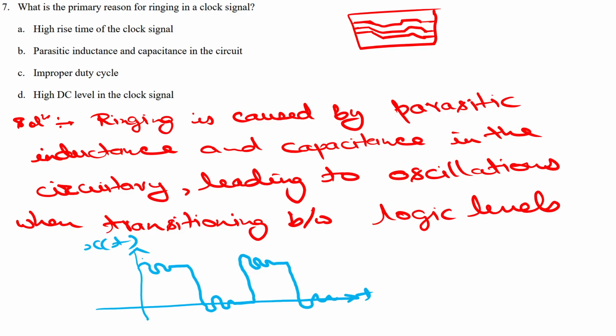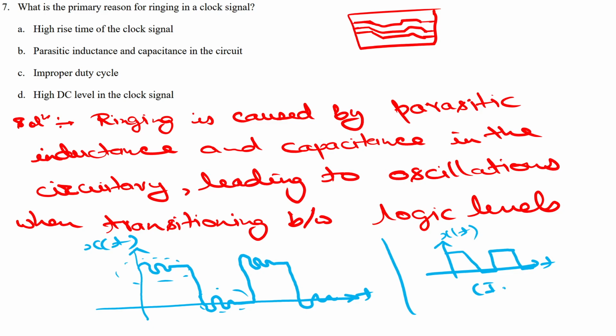This is ringing. Ideally it should have been something like this, x of t should be a square pulse. So this is ideal, and this is what actually happens. That's what ringing looks like in a pulse train. I hope this is clear.